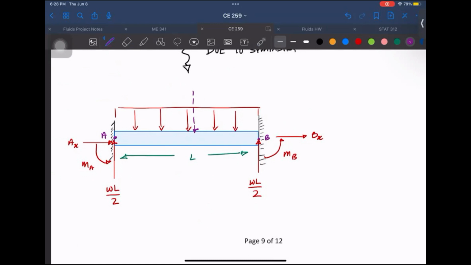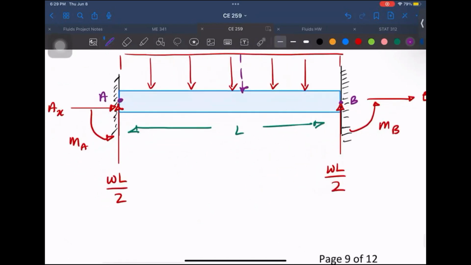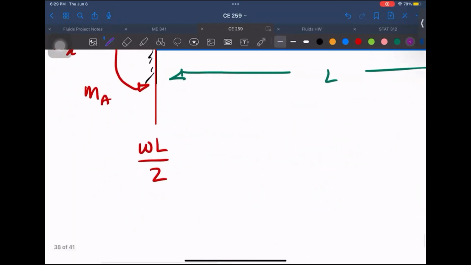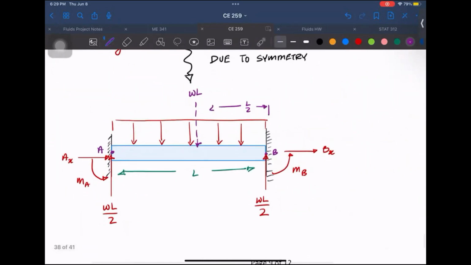It would act halfway between the bar and the fixed end, and it would have a magnitude of WL. And because it acts halfway, the two reactions have to be equal and opposite from one another. And on top of that, it's divided by 2 so that the whole bar itself is in equilibrium.